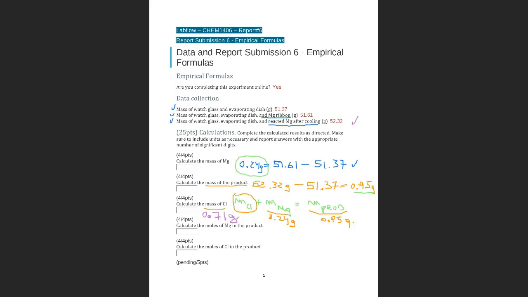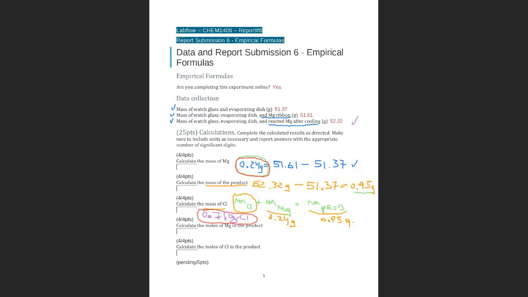So now, this is the first step when we calculate the empirical formula. The first step is to calculate the grams of the elements in the compound. And we have the grams of magnesium, that is 0.24, and we have the grams of chloride.